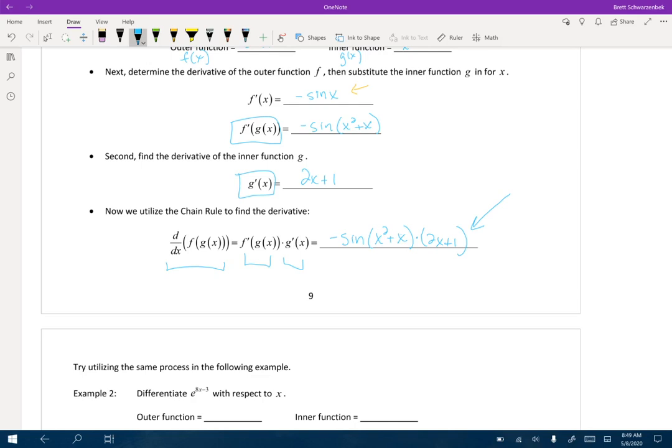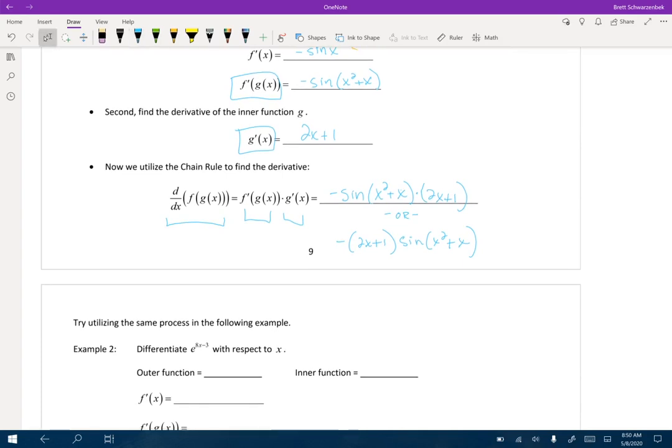So this is often written a different way to avoid confusion. Instead, the 2x plus 1 is often thrown to the front, and we get something that looks like this instead. I am fine with you providing either answer, but the second one is more similar to what you see in an answer key, let's say in the back of the textbook where the answers to the odd problems are.